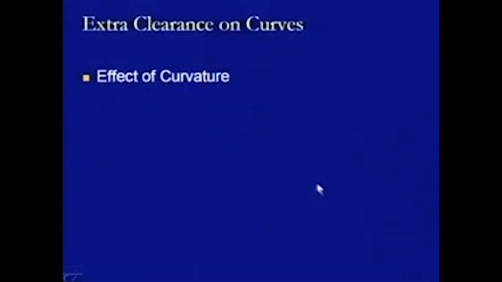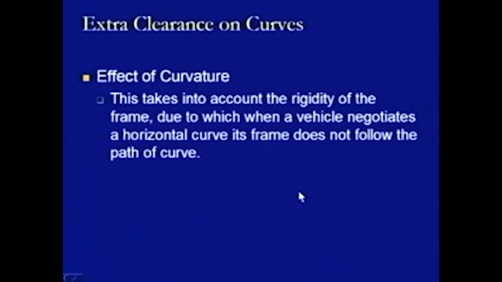In such cases a number of clearances are there, and we will look at all those clearances one after the other. We will start with the first type of clearance, which is caused due to the curvature. The effect of curvature is to be taken into account due to the rigidity of the frame, and this we have already discussed, because the frame of the rolling stock is rigid.